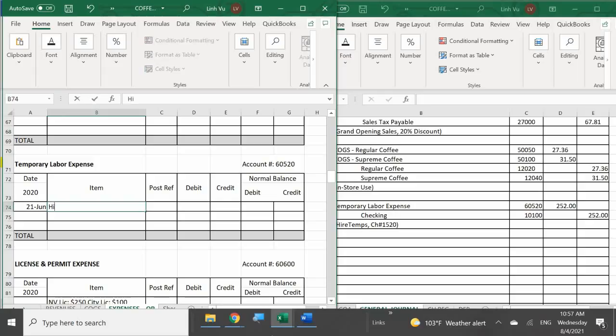So you could do Hire Temps, one person for 3 days, 8 hours per day at $10.50 per hour.